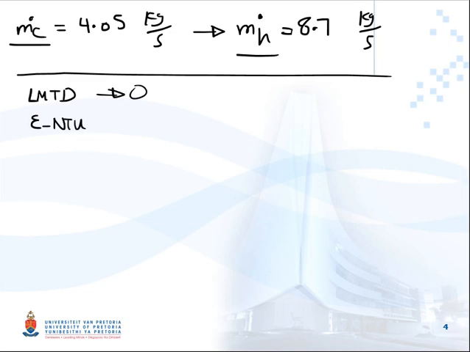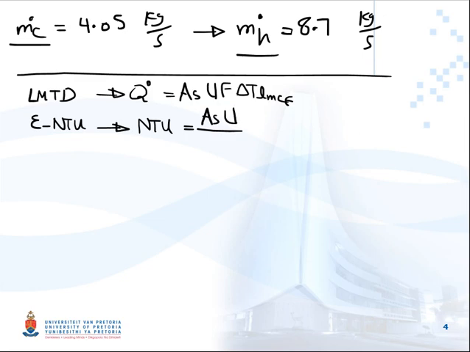LMTD is based on this correlation, that is Q dot is equal to A_s U F delta T_lm,CF, and Epsilon-NTU is based on the number of thermal units, which is equal to A_s U over C_min.